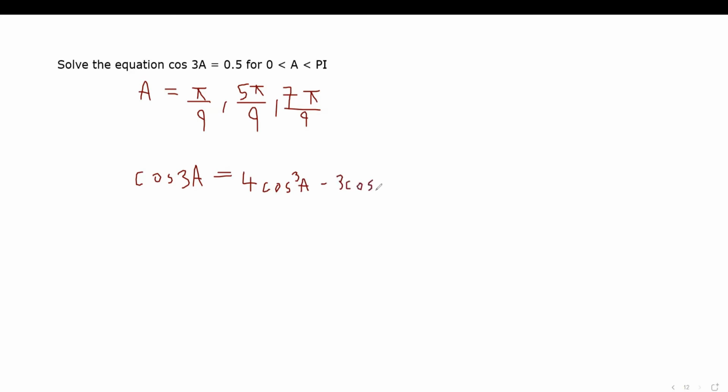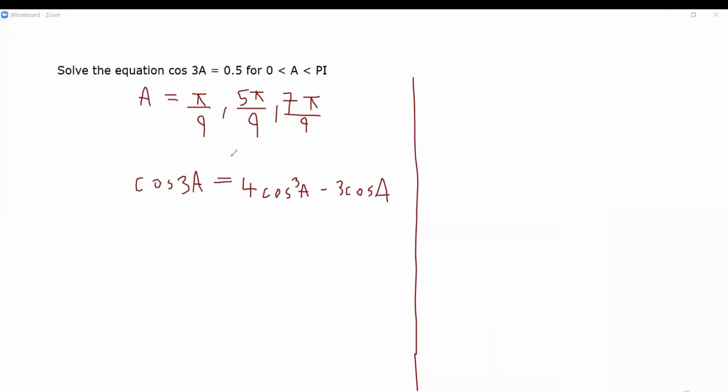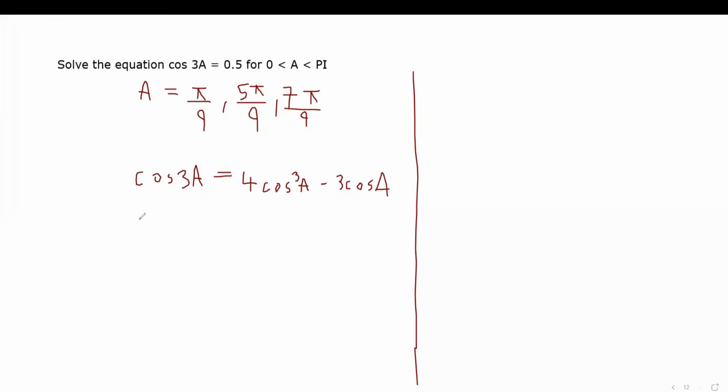So let's write down the question they ask now: 4p cubed minus 3p minus a half equals 0. We need to find p.